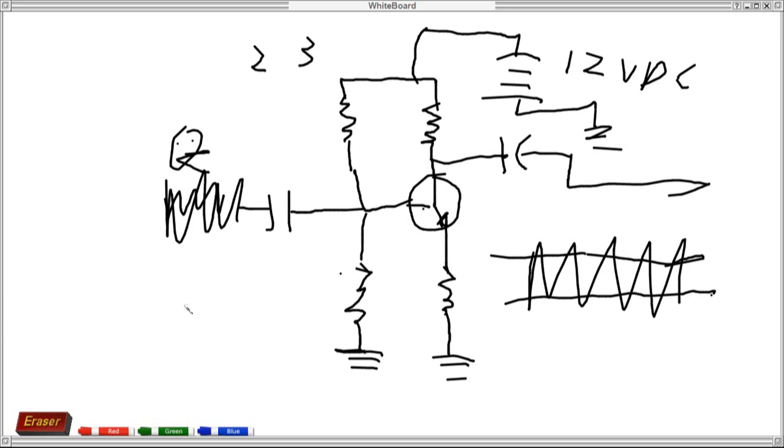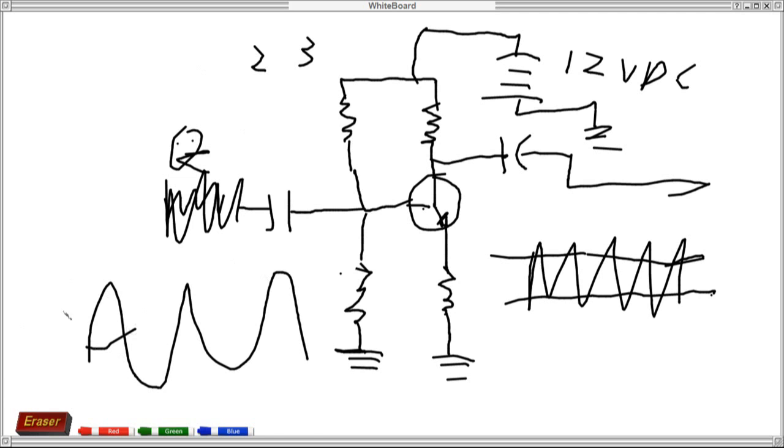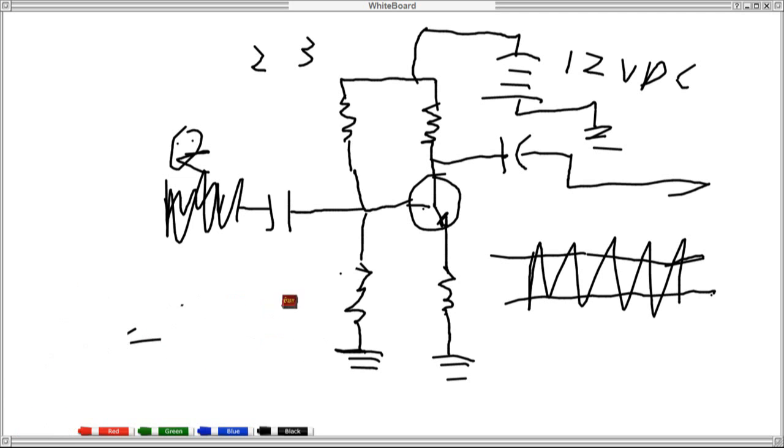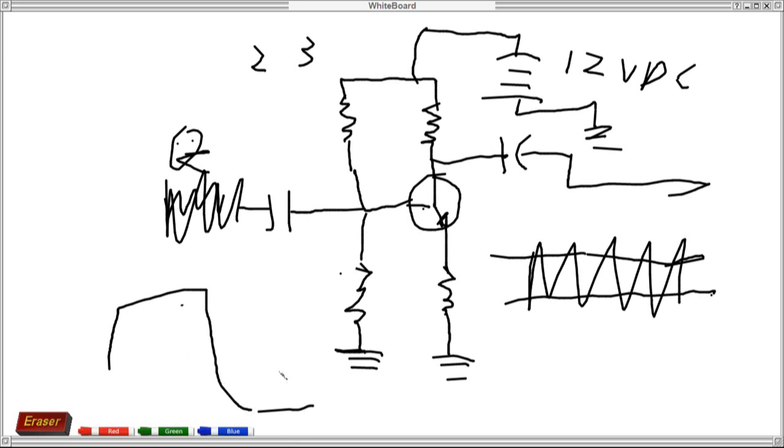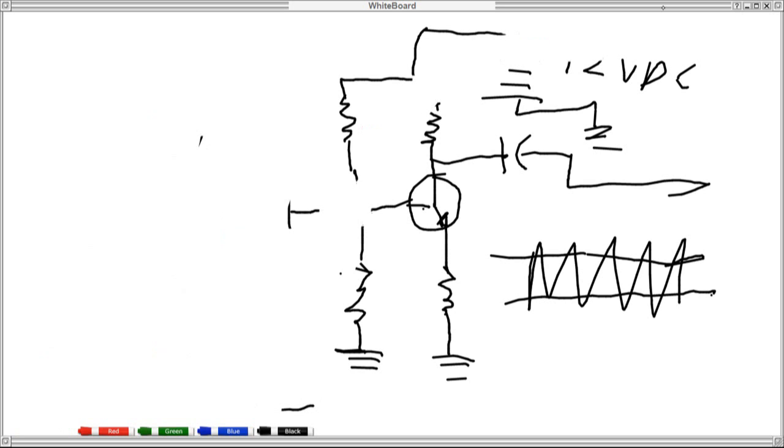They're being rectified. I think I explained it here. Instead of getting a nice clean sine wave like you're supposed to get, let me go ahead and erase this.